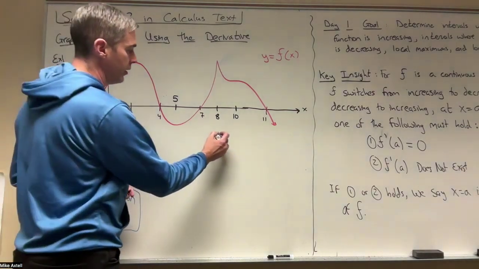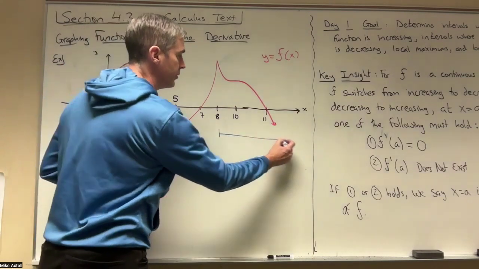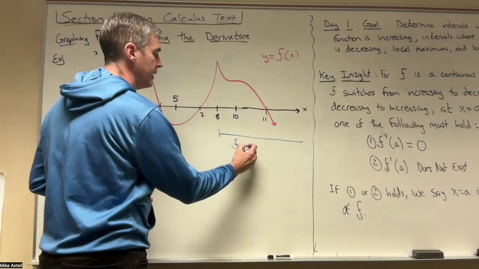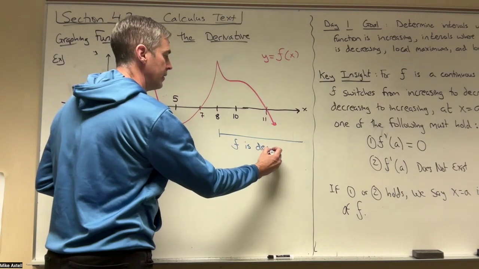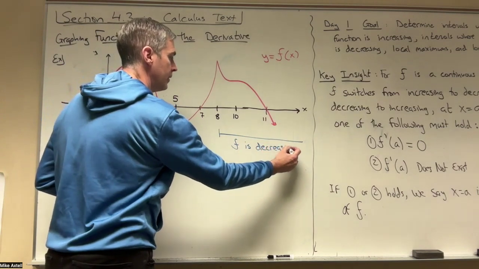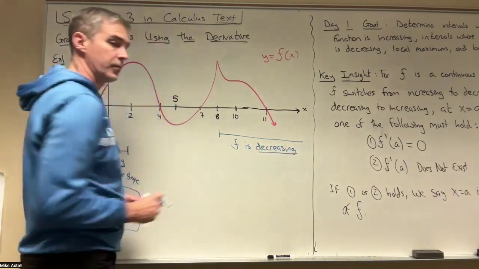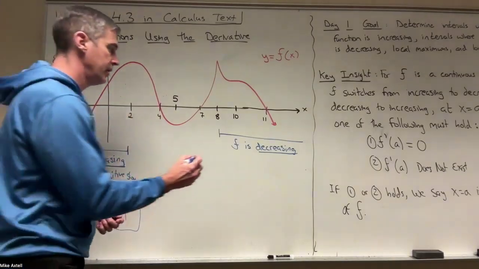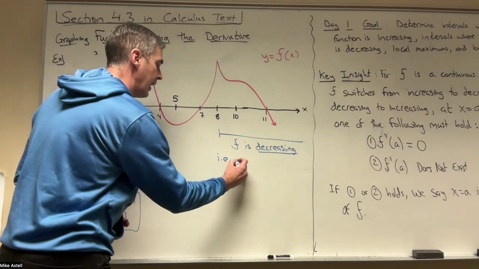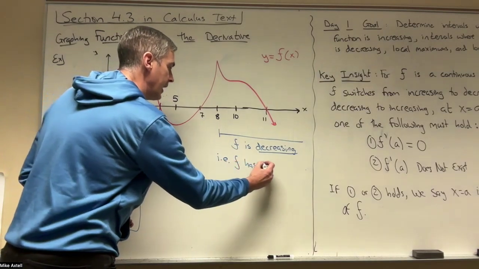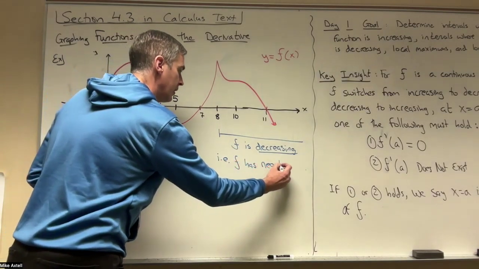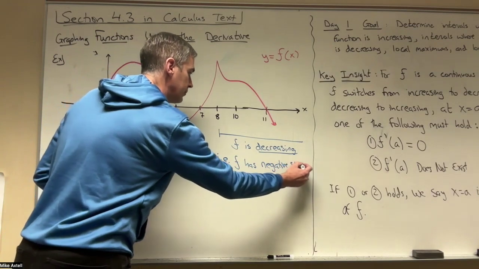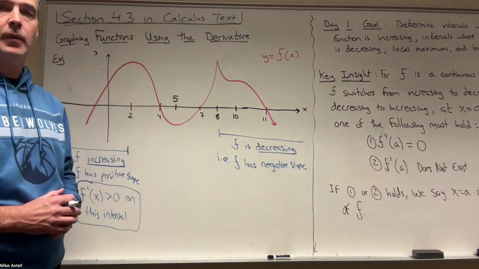Similarly, if I go over here, from 8 to infinity, f is decreasing. Okay? Well, that means the slope of f is negative. So i.e. f has negative slope. All right?